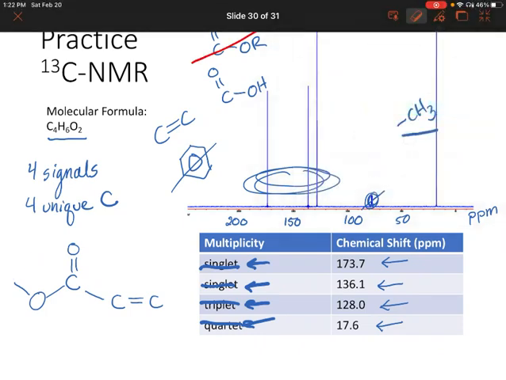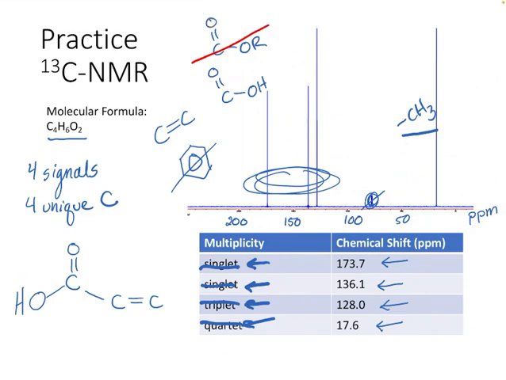Okay, so what that tells me is I probably have the carboxylic acid. So I'm going to put a hydrogen there next to the oxygen. Okay, so then where else could the methyl group go? Well, there's a couple of possibilities. It could go on this side of the double bond. That's a possibility.